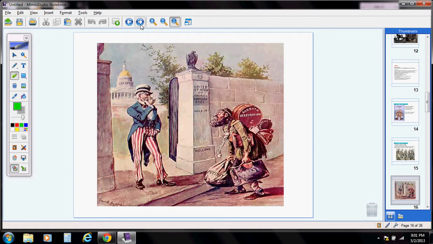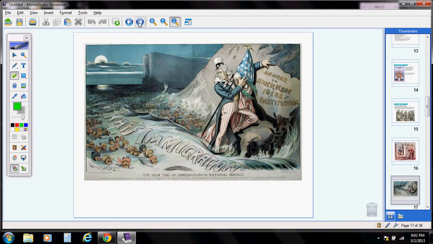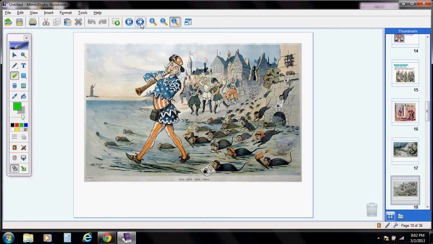Uncle Sam, kind of the platform is, yes, America, come on in, but not being very welcoming, fearing poverty, fearing disease, fearing that they're anarchist, as we talked about before, that we don't want the new immigrants. This one showing, of course, also an anti-immigrant cartoon, Danger, the riffraff of Europe coming, Uncle Sam being kind of overwhelmed by the massive tide of new immigrants arriving into the country.